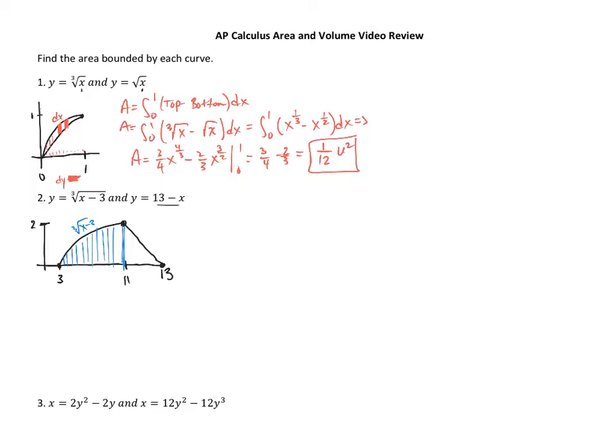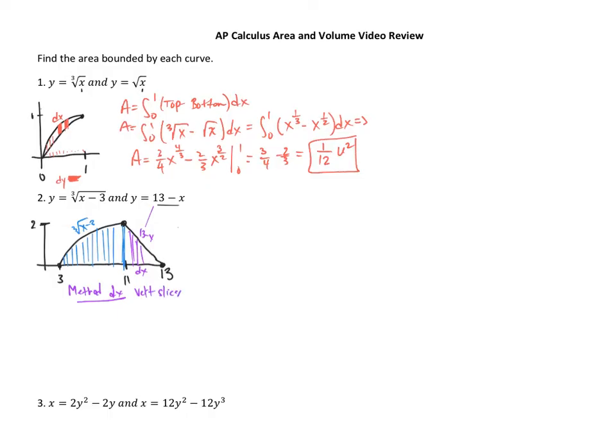Now my equation changes to be 13 minus x. So I have 2 regions here if I slice these as dx's. Let's try it that way, and then we'll try a horizontal approach. So let's first do method 1, dx, because I'm taking vertical slices.